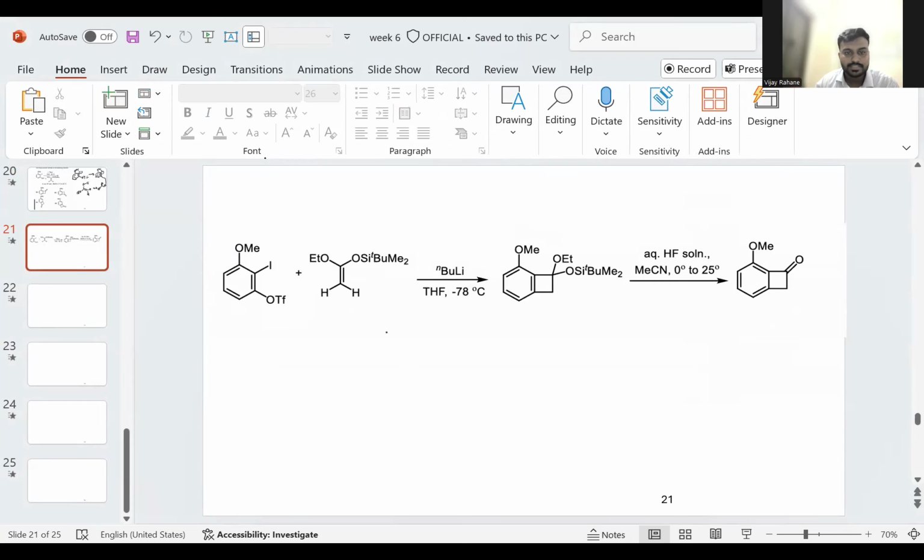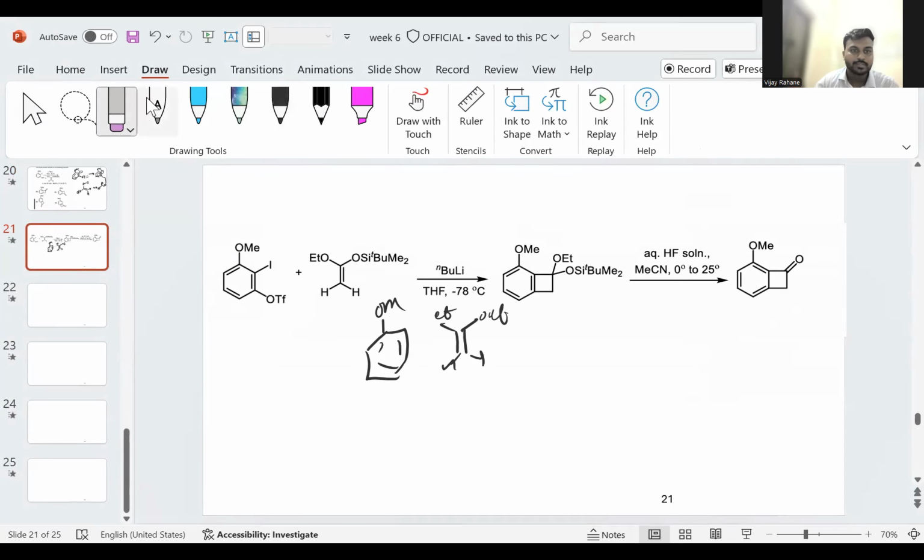So basically, once this benzyne is formed, OMe, and we have now this alkyne, this ketene acetal, they undergo a 2 plus 2 type of cycloaddition reaction, and it gives this product.